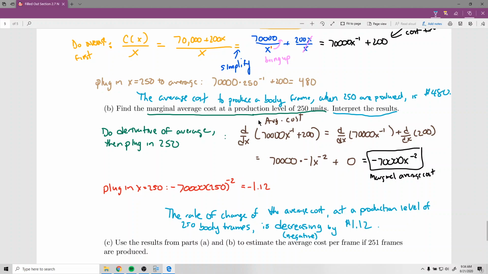Right, now that might not seem like a lot, but that's the average. So think about it. If you produce 250 and then you want to make the next one, your average cost is going to go down by this much. But since you're already at 250, think about multiplying this number by 250. That's really how much it's going down.